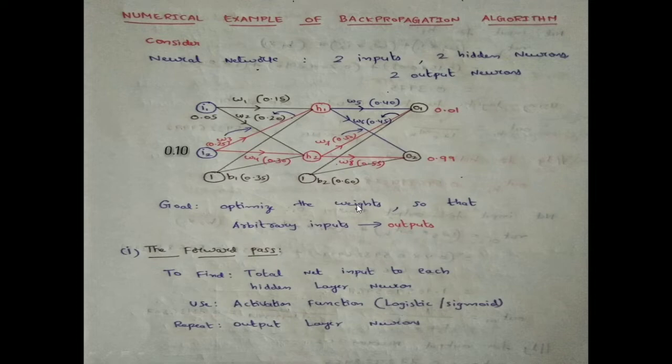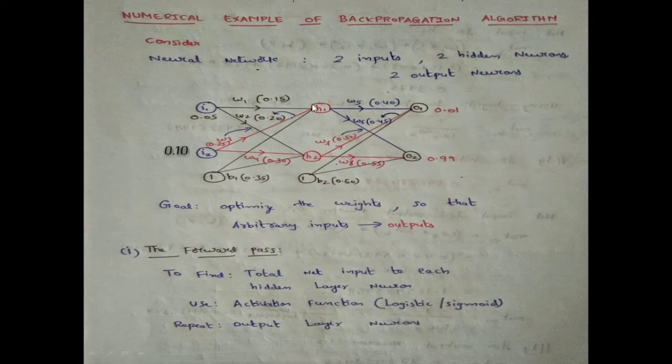Here we will see what the neural network currently predicts when the weights, biases and inputs are given. To do this, we will feed these inputs forward into the network. We aim to find the total net input to each hidden layer neuron, that is, to H1 and to H2.